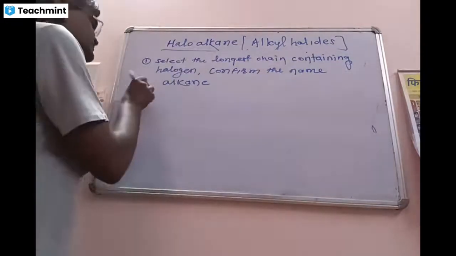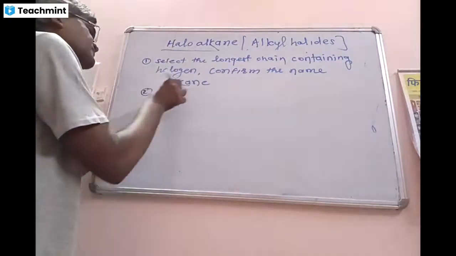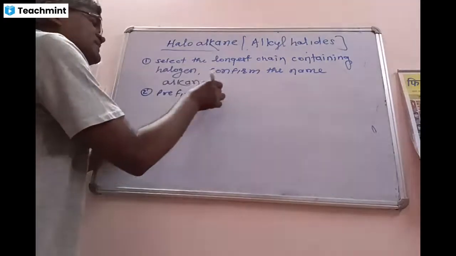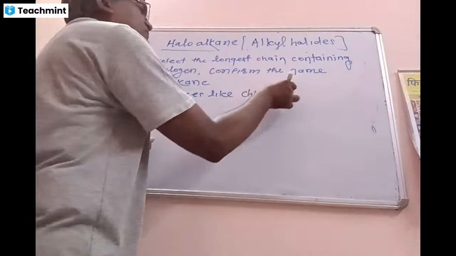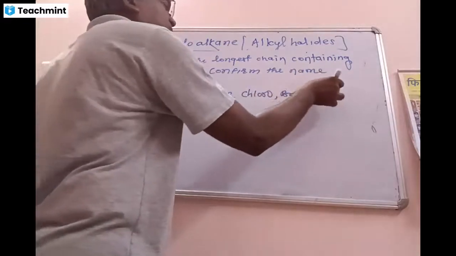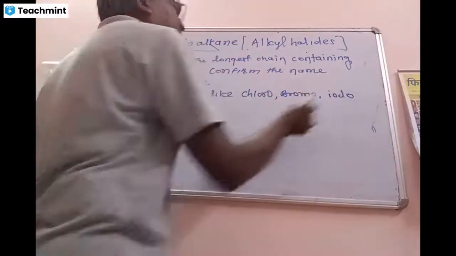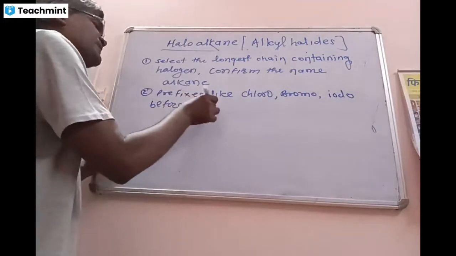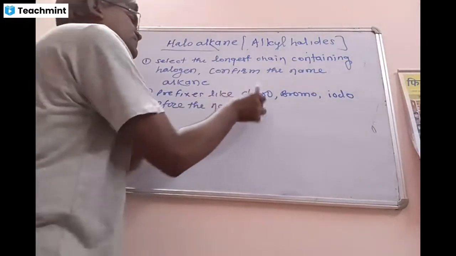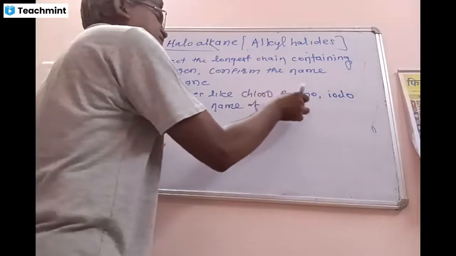Then we are using prefixes like chloro, bromo and iodo before the name of the alkane.